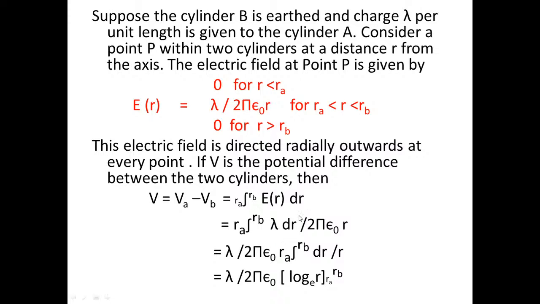Just put the value of ER, which is lambda by 2 pi epsilon naught into dr upon R. On solving this, lambda by 2 pi epsilon naught is constant, taking it outside, it is equal to integral between limits RA to RB dr upon R, and this is equal to lambda by 2 pi epsilon naught into log of R to the base e between limits RA to RB.